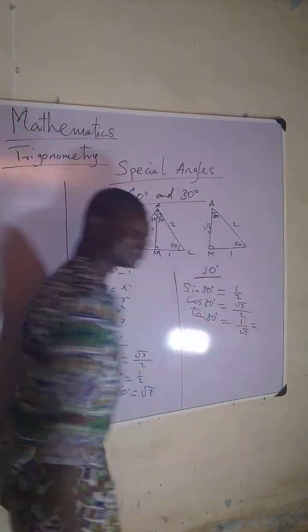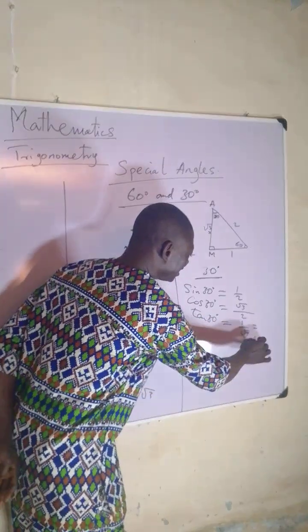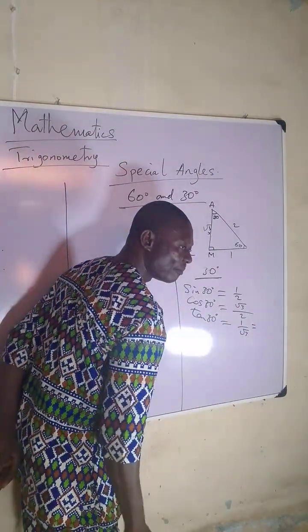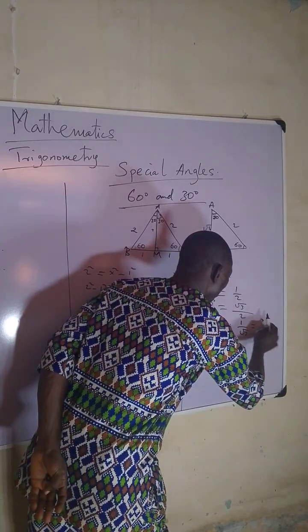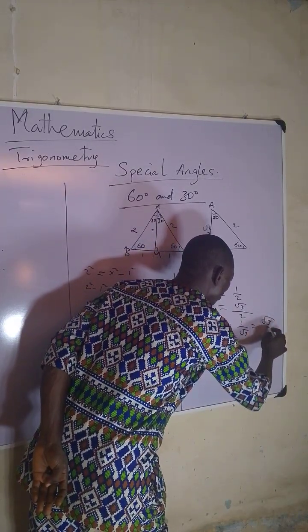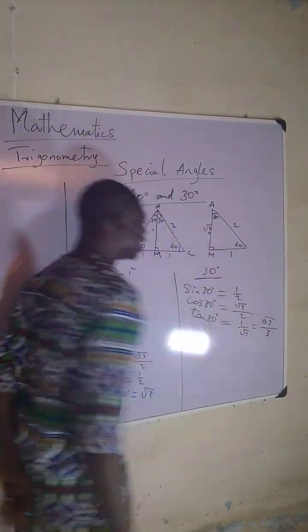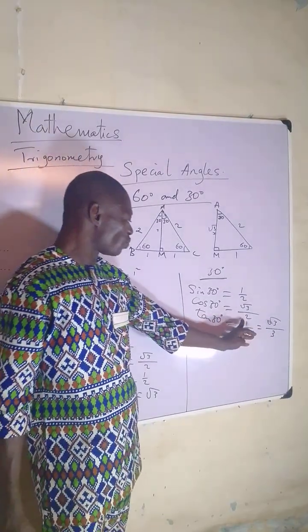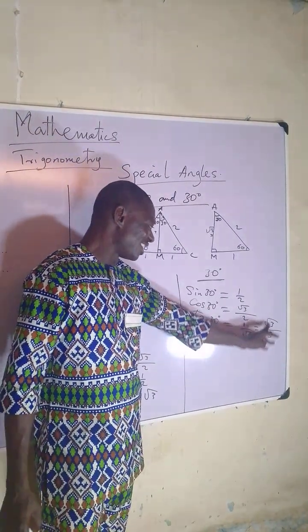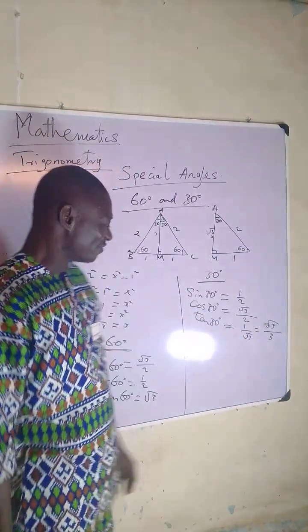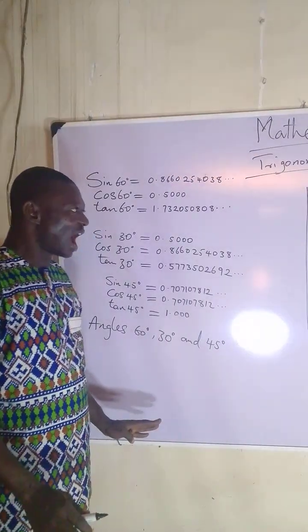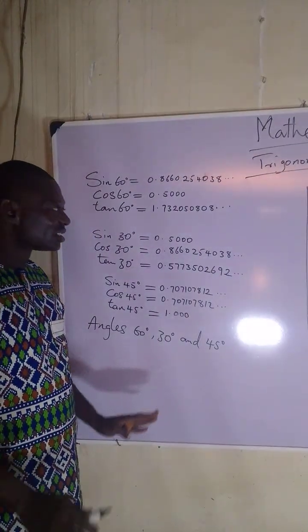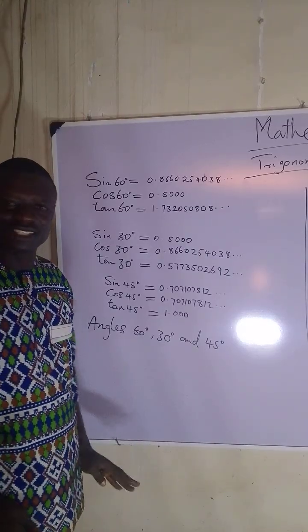Or when you rationalize, which is multiplying both numerator and denominator by root 3, you have root 3 over 3. Any of them, whether you write it as 1 over root 3 or root 3 over 3, they'll give you the same value. So that is for angles 60 degrees and 30 degrees.